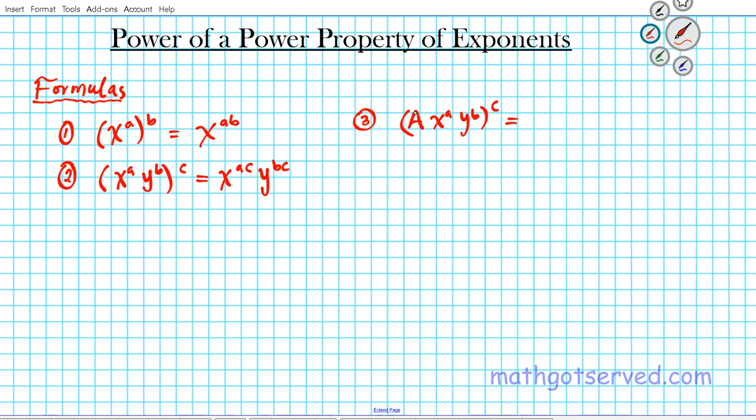So in the case where you have a coefficient that's not 1, it has an invisible power of 1, so you distribute that power to the coefficient also. So you have a to the c, x to the a times c, and then y to the b times c. We're going to be making use of these formulas in the following problems.